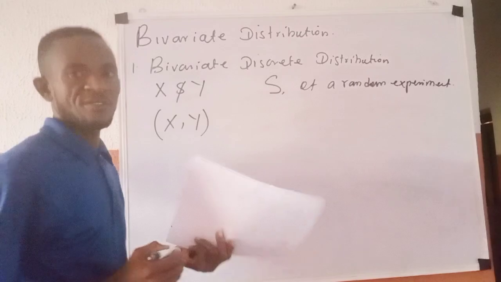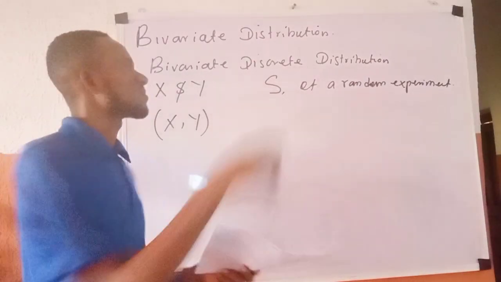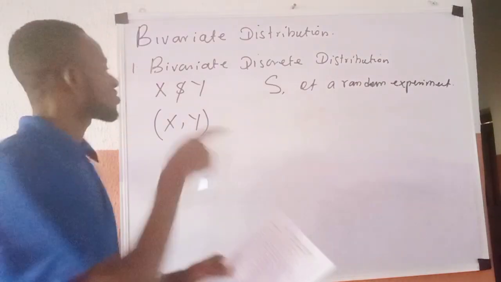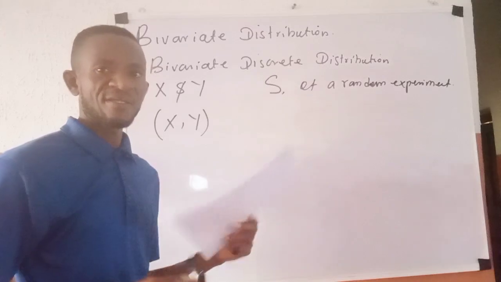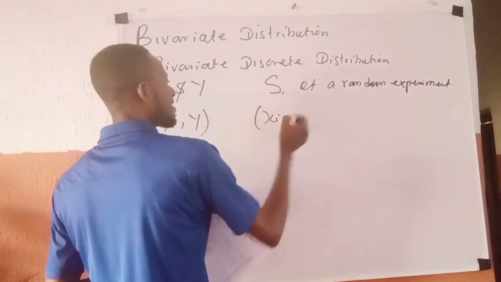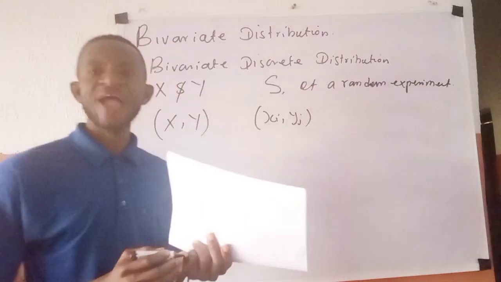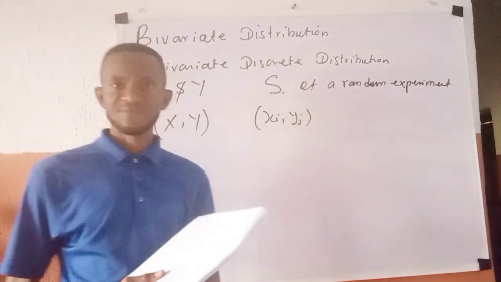on the same sample space of that random experiment, such that this function (x, y) takes up values (xi, yj) on the x-y plane of the sample space.